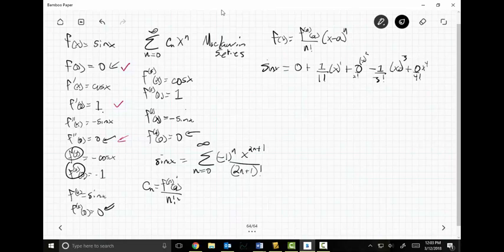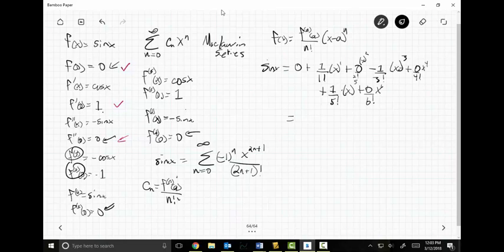Now we change signs again. So plus 1 over, what's it going to be? Well, again, it's only the odd values that return non-zero numbers. So this is going to be over 5 factorial times x to the fifth, right? Plus 0 over 6 factorial times x to the sixth. I'm not going to do that anymore.